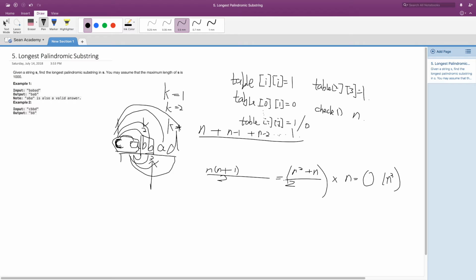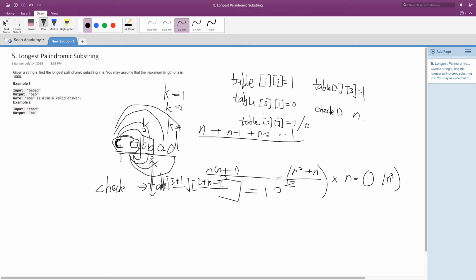We will check table[i plus 1][i plus k minus 1].